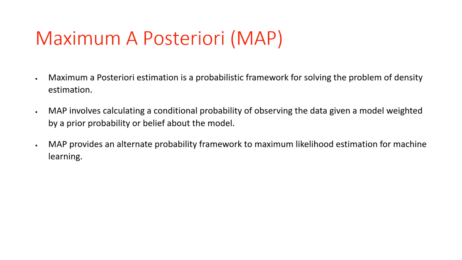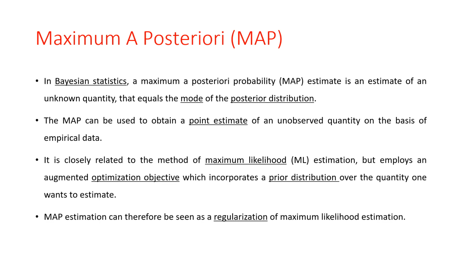This MAP also provides an alternate probability framework to maximum likelihood estimation for machine learning. In Bayesian statistics, a maximum a posteriori probability estimate is an estimate of an unknown quantity that equals the mode of the posterior distribution.